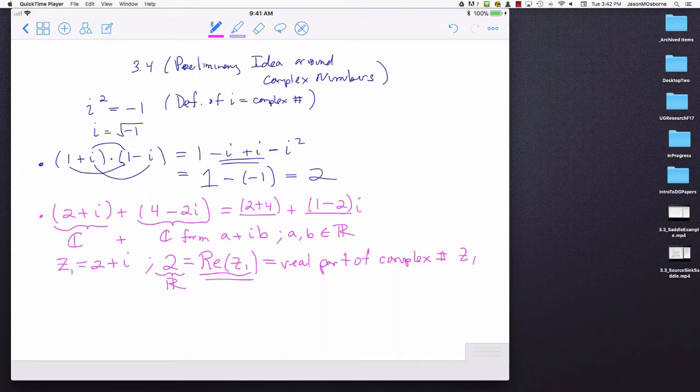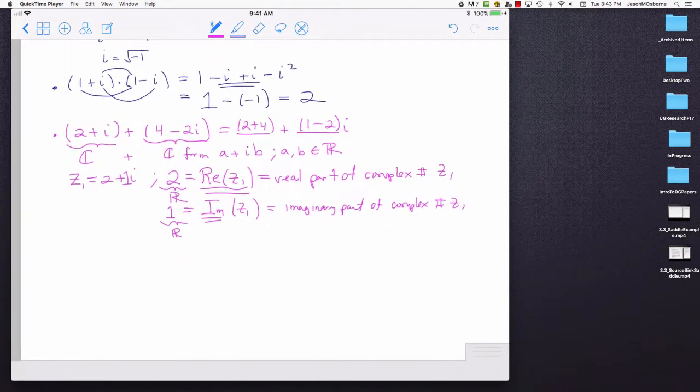Okay. There's also an imaginary part of a complex number z1. The imaginary part is 1. It's the number in front of the i. Notice that the imaginary part of a complex number, even though it says imaginary part, it's still a real number.